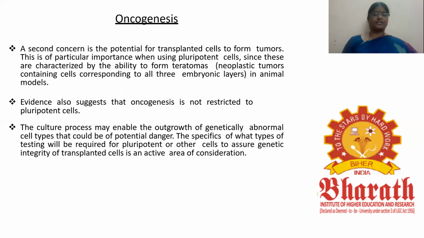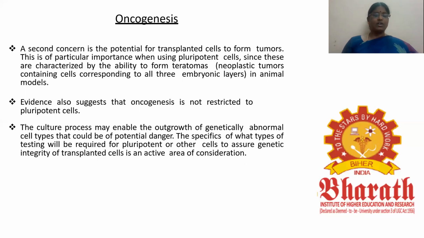And the second concern is oncogenesis. In oncogenesis, it is the potential property for transplanted cells to form tumors. Pluripotent stem cells are used to form teratomas, which are neoplastic tumors containing cells corresponding to all three embryonic layers in animal models: ectoderm, endoderm, and mesoderm.